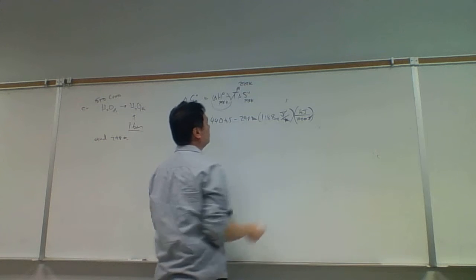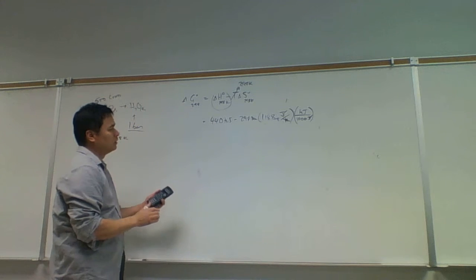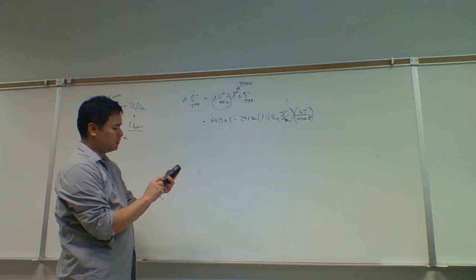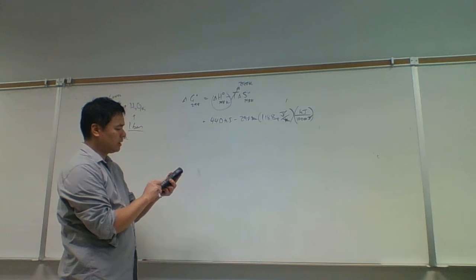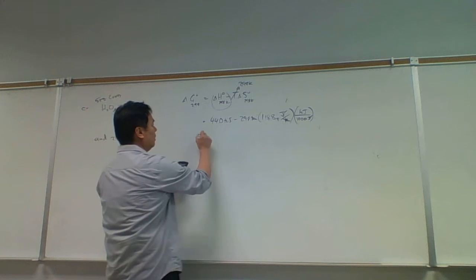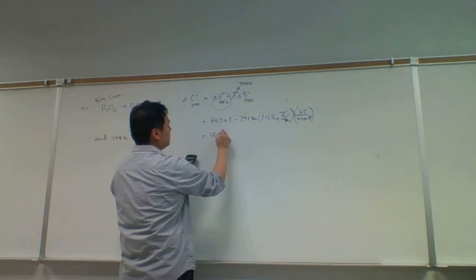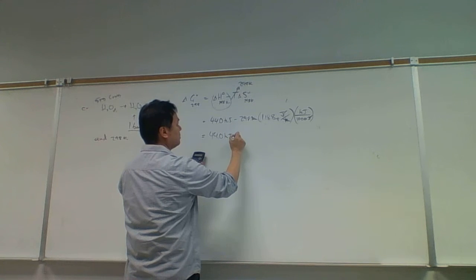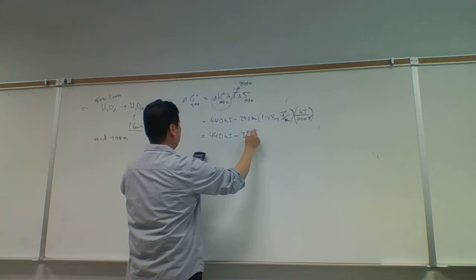So now it looks good. Let's do that: 118.89 times 298 divided by 1,000. And so what we have is 44.0 kilojoules, and then this term is going to be minus 35.42.